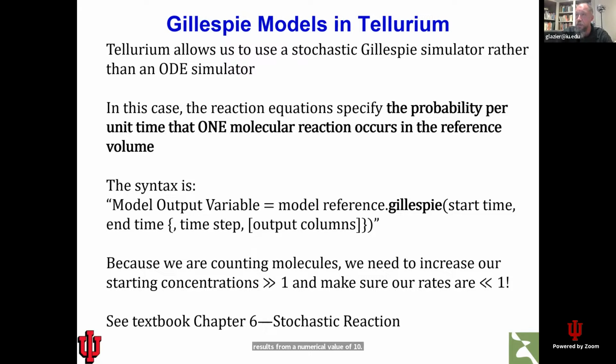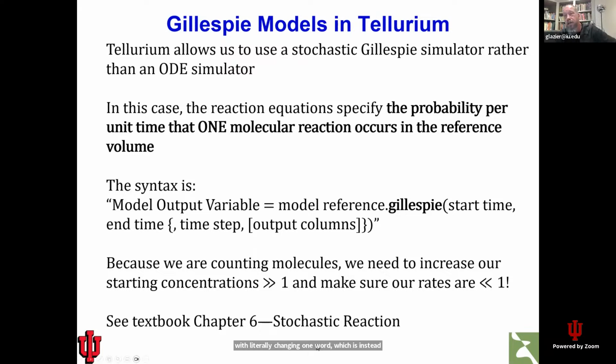But Tellurium allows us to switch from the ODE solvers to the stochastic solvers by literally changing one word: instead of using the word simulate, you use the word Gillespie.